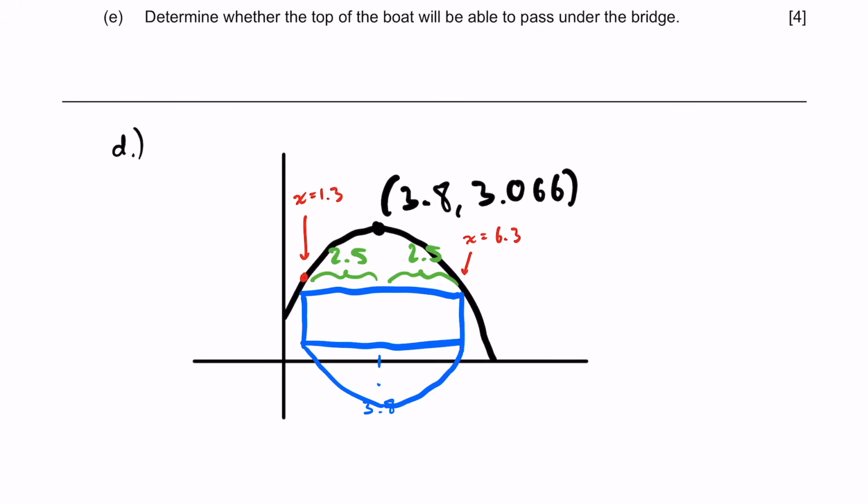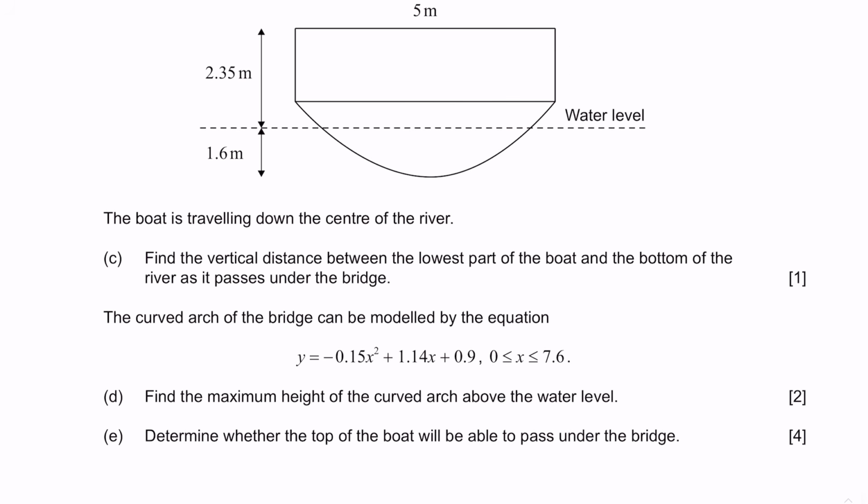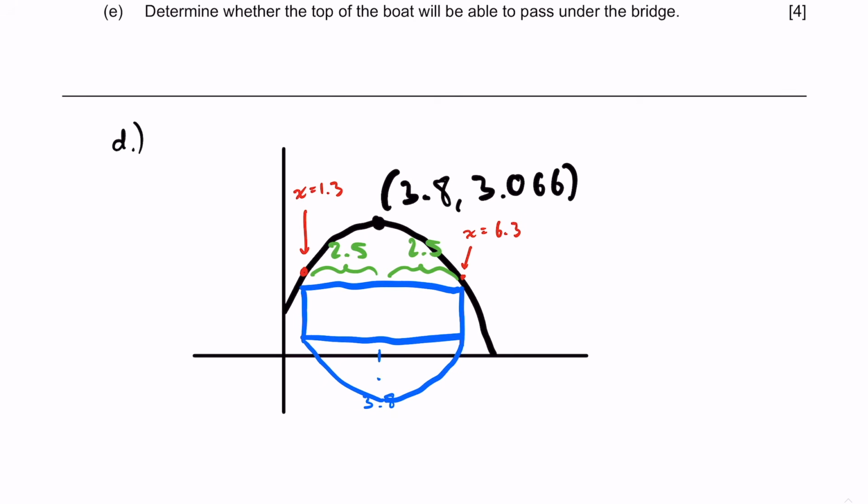And the question is, when we find the height of the bridge at these given points, will they be greater or less than the height of this boat, which is given as 2.35. So the boat's height itself is equal to 2.65. So let's find this height when x is equal to 1.3 or when x is equal to 6.3, and is it greater or less than 2.65?